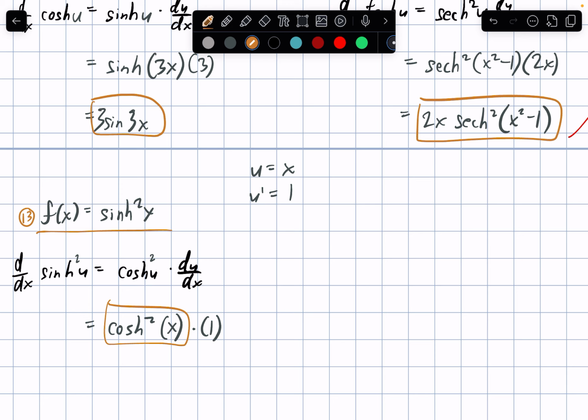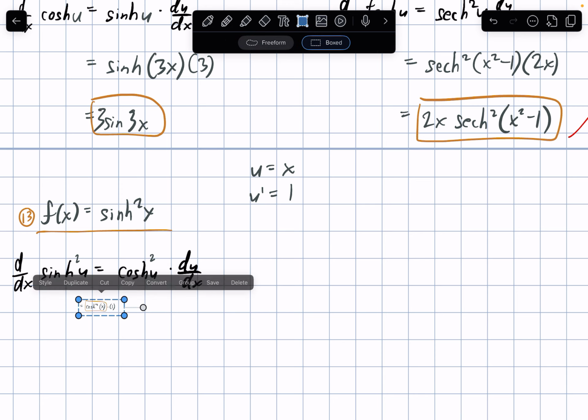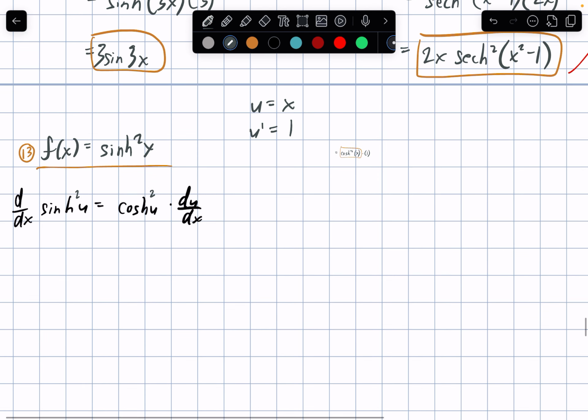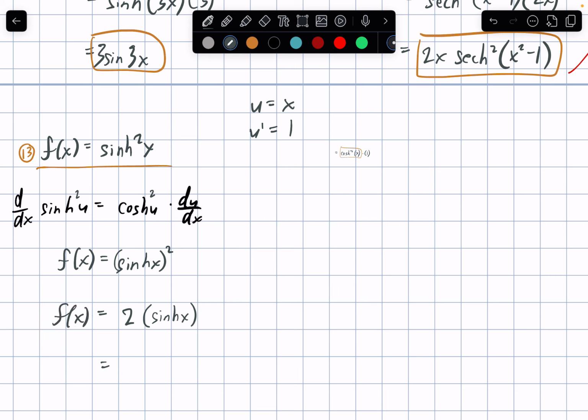Nope. Okay, let me find a different way of solving it. Let's use chain rule. We can rewrite f of x like this. So bring down 2. Okay, so in that case, these are still true.